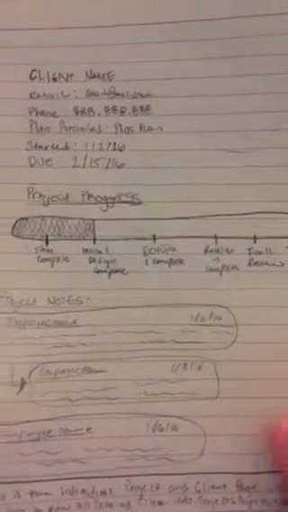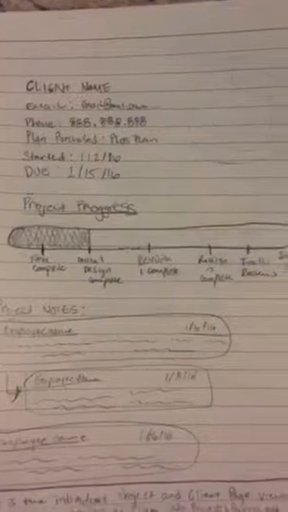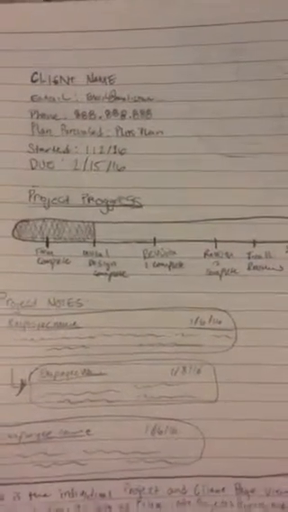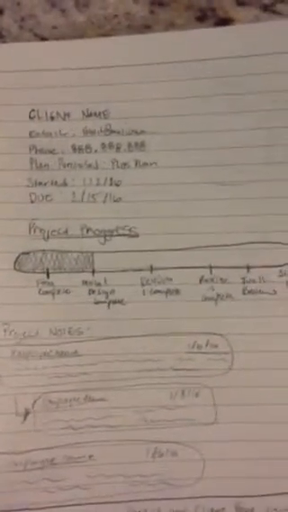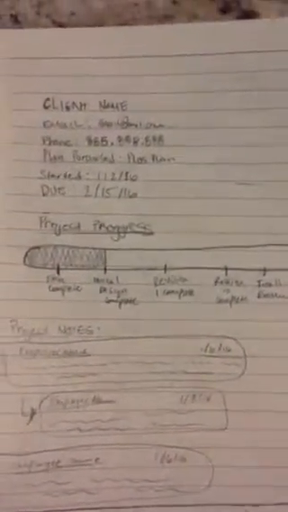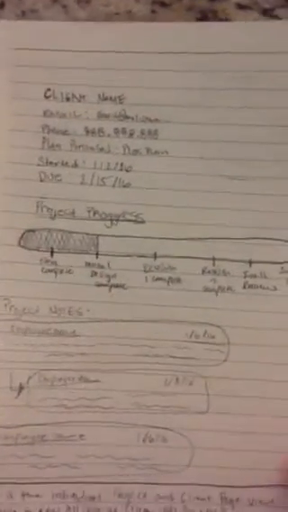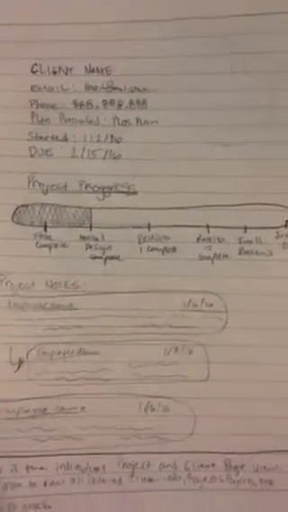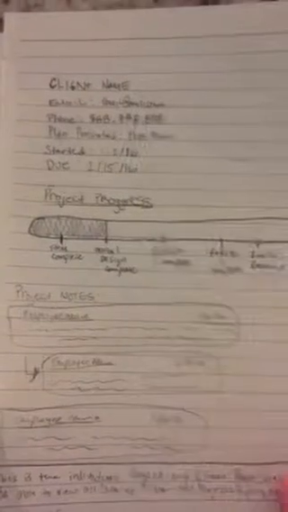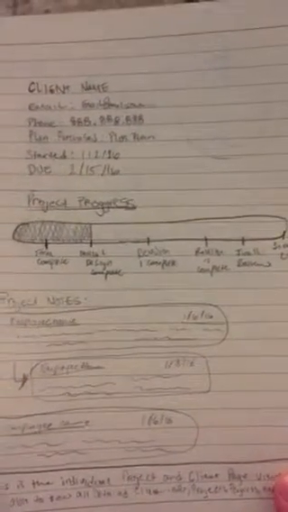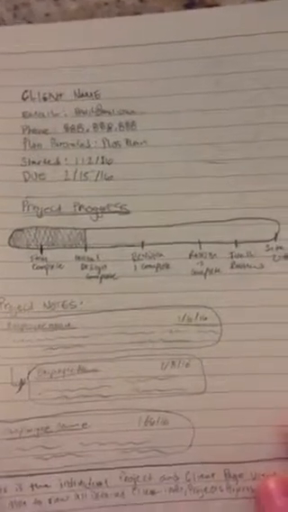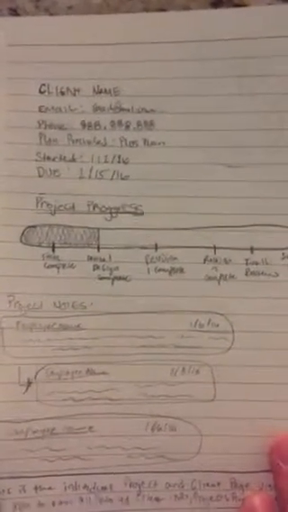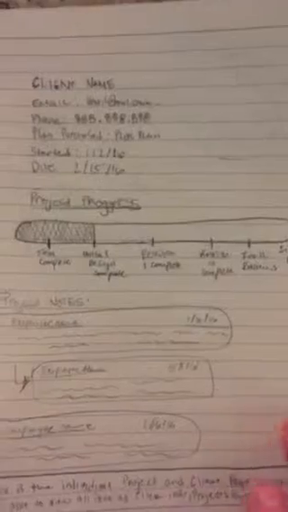If they can see that, they'll be able to quickly relay that information to the client. Also, which I'll show you in a second, this information is also available to the clients, so they can view it themselves.